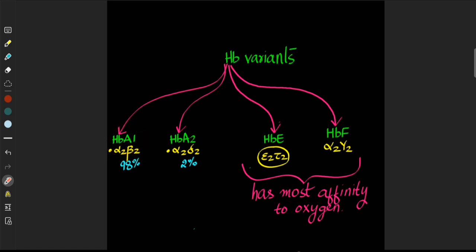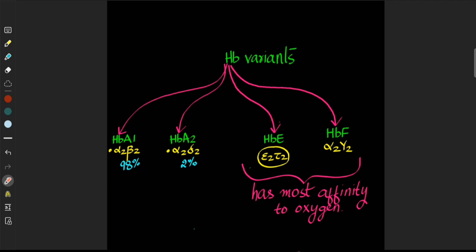Now the other 2% is the minor hemoglobins. That means there are very few people who have this type of hemoglobin variant. That is hemoglobin A2, and it contains 2 globin chains, alpha and delta, right?